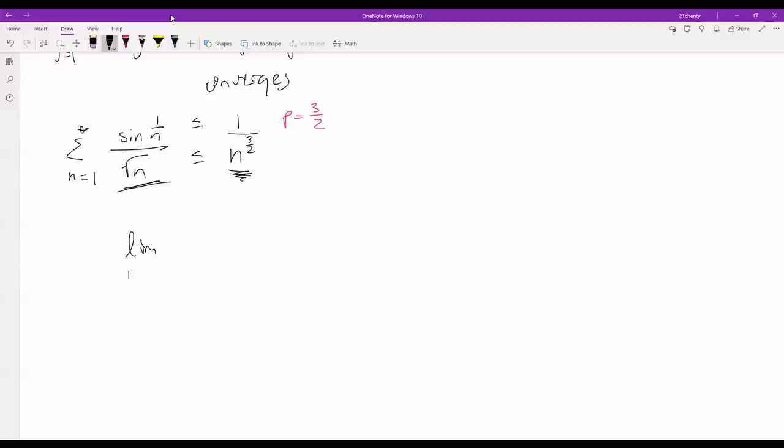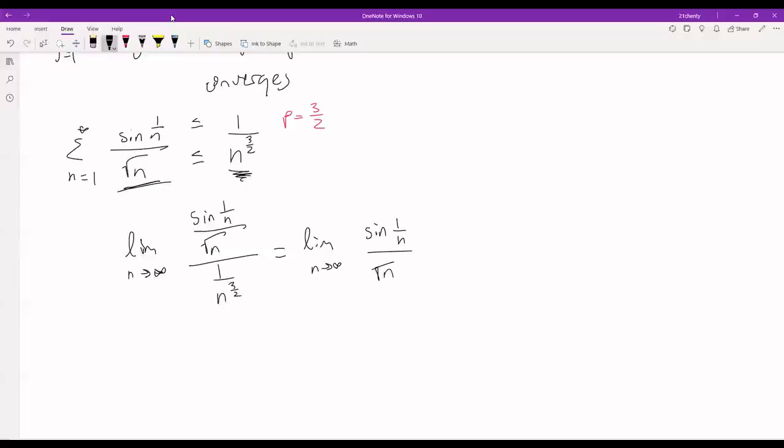So we'll take the limit as n approaches infinity of the expression that we have, which is sine of 1 over n over radical n, and we'll divide that by the function we are comparing it to, 1 over n to the 3/2. And this equals, we'll convert it into a nicer form by multiplying by the reciprocal.